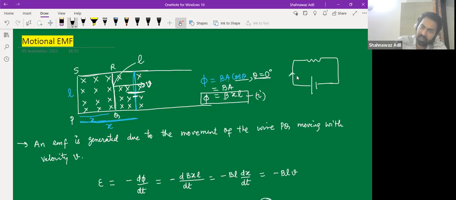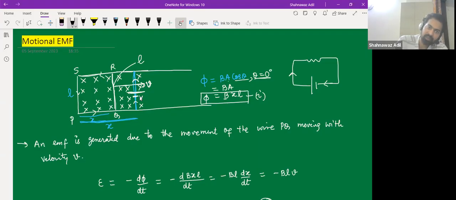So this is the direction of the current. The current will go from here, come here, and then come back. So this is the direction of the induced current, and this is the direction of the polarity.